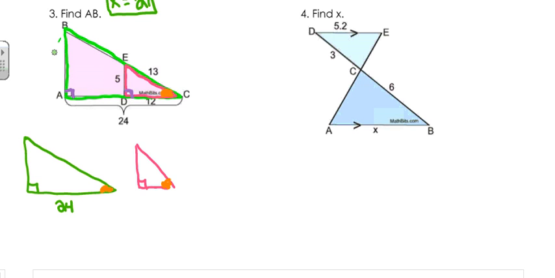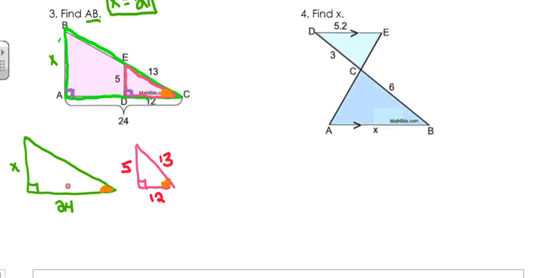We're trying to find segment AB, so I'm going to label that x. That's the left side of the green triangle. And in my pink triangle, the bottom side is 12, the left side is 5, and it looks like that hypotenuse is 13.